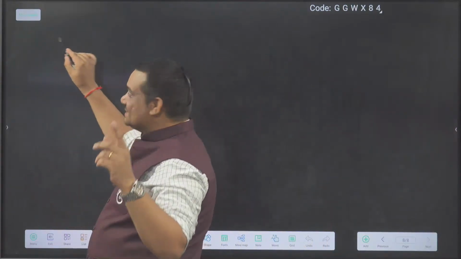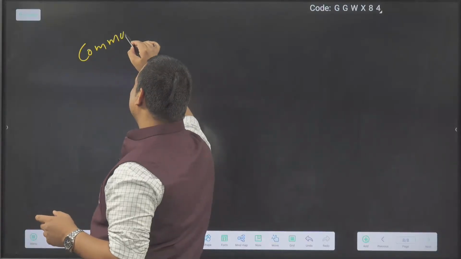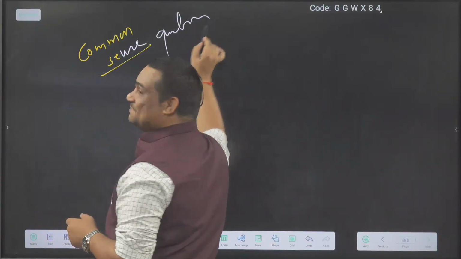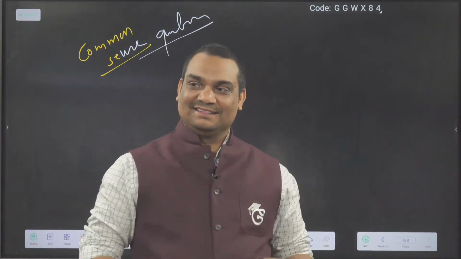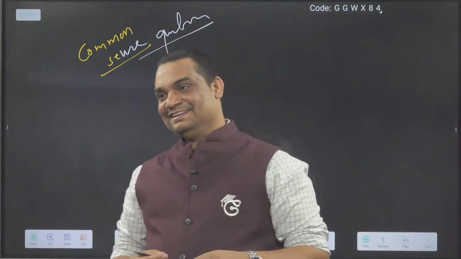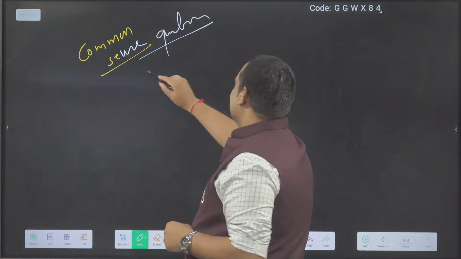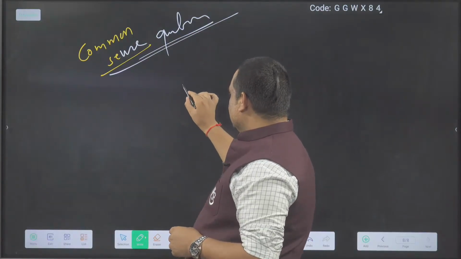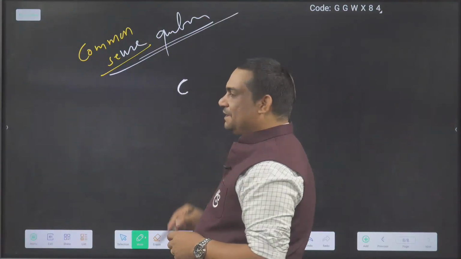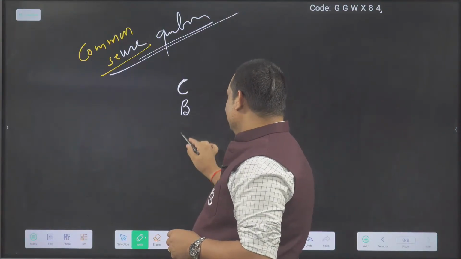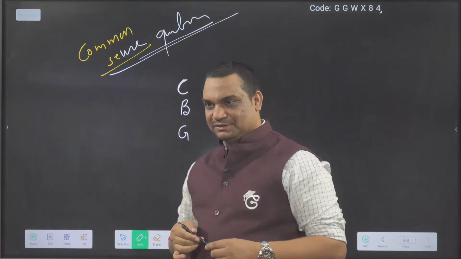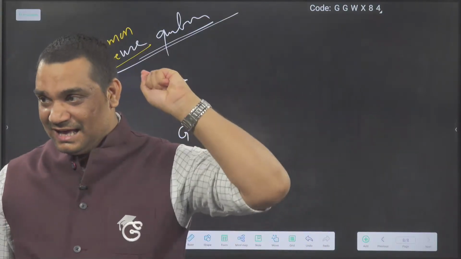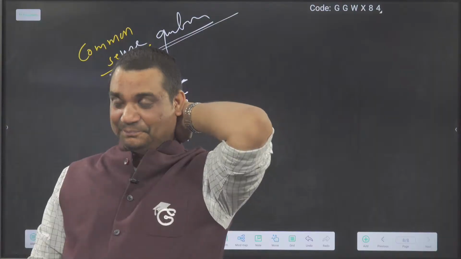So this is a common sense question. I am writing it also. Common sense question for those people who should check at least. Question is, there is a cow, a buffalo and a goat.